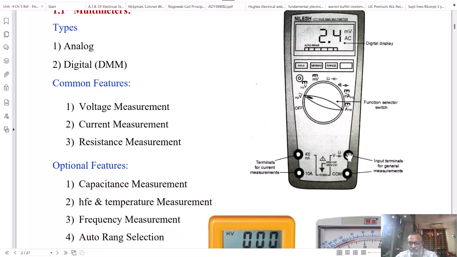For that purpose, input is connected here. For current measurement, the probes can be connected differently. The hot probe can be connected either to the 400 milliampere connection or to the 10 ampere terminal.